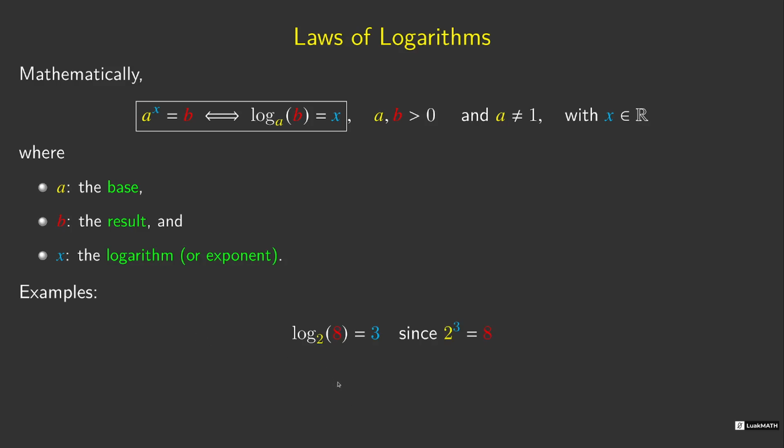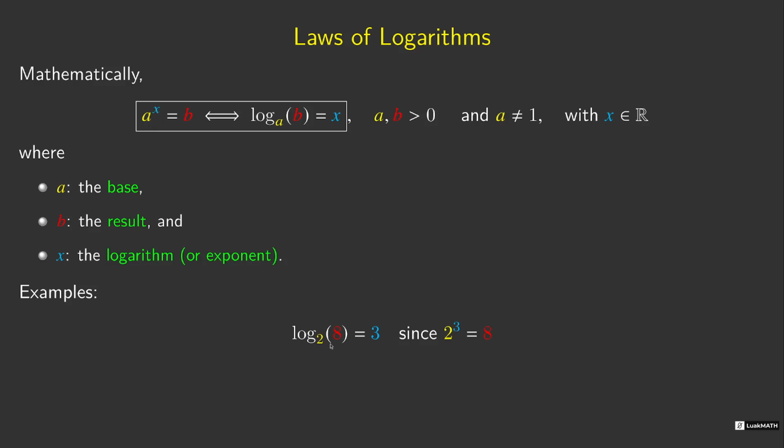Now, we say the log of 8 to base 2 is 3, since 2 cubed equals 8. So this is asking the question. Remember when I said, what exponent of a produces b?